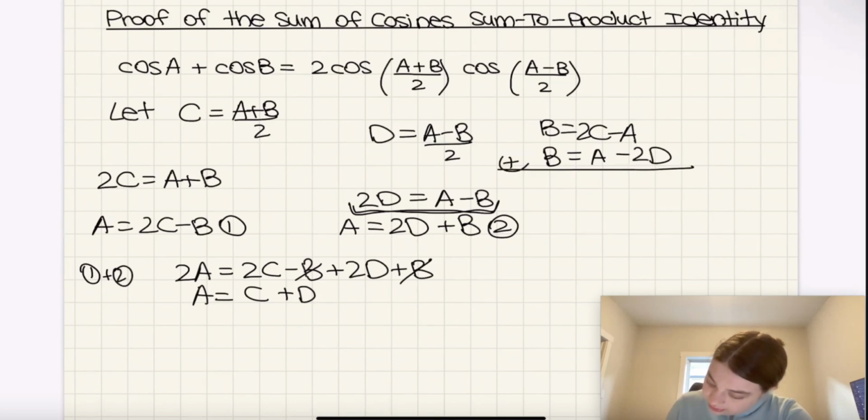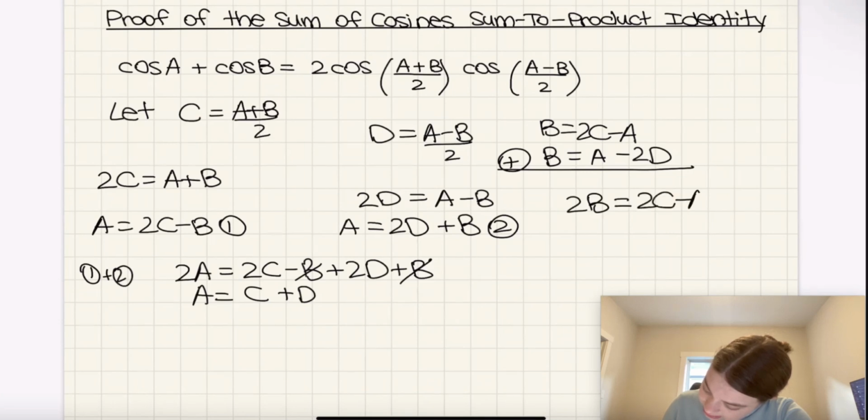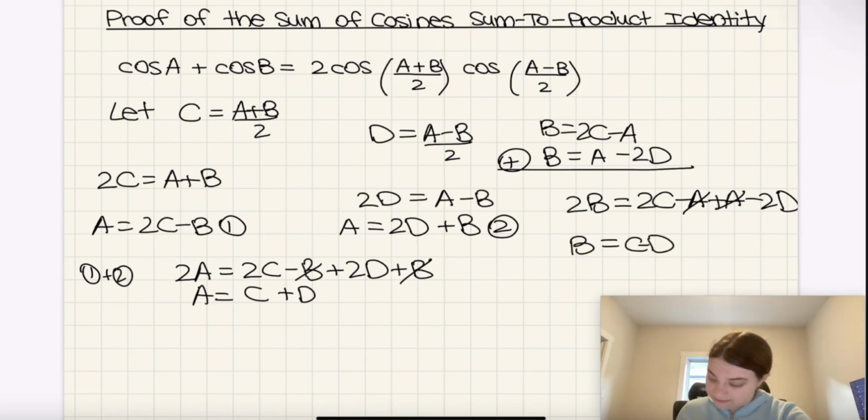Now, same thing here, I'm going to add up these two new equations to get that 2B is equal to 2C minus A plus A minus 2D. I'm going to cancel out my A's, divide both sides by 2, and I get that B is equal to C minus D. And there we go.